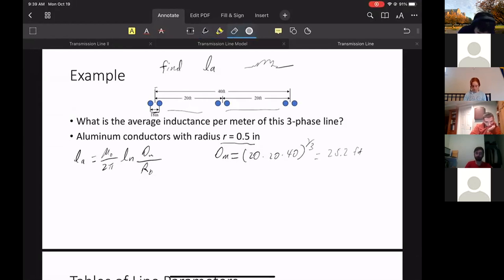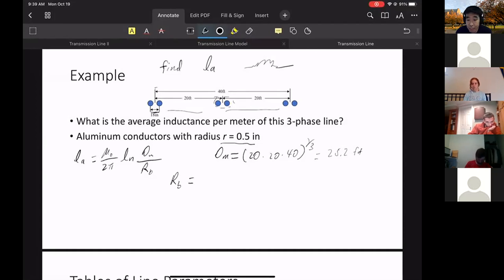Then RB is now looking at how big this single conductor bundle is. So how big this thing is. So this again we take a geometric mean.